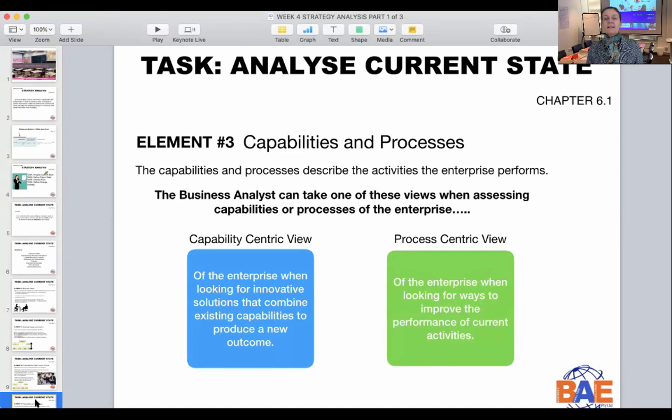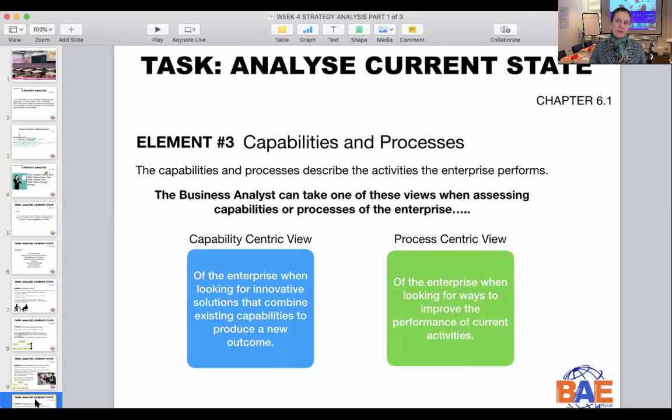And the business analyst can take one of these views when assessing capabilities and processes. This is the capability-centric view, or you can take a process-centric view. If you take a capability-centric view, this is basically when you look at the enterprise in terms of innovative solutions that combine existing capabilities to produce a new outcome.